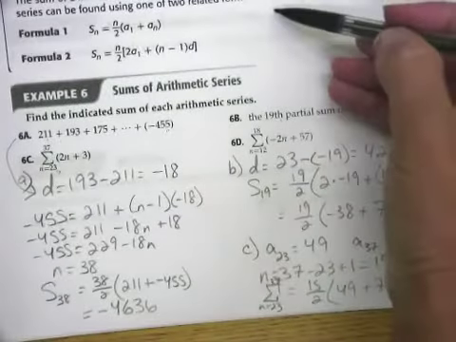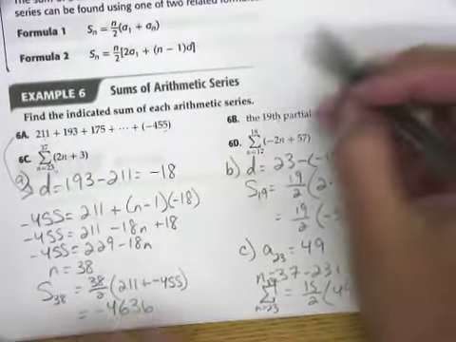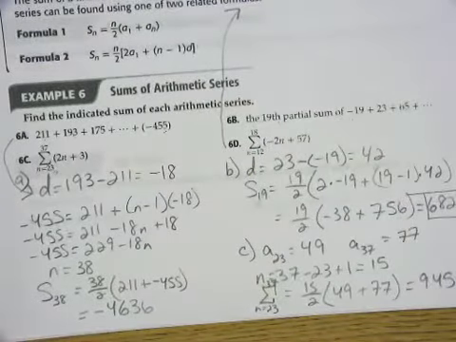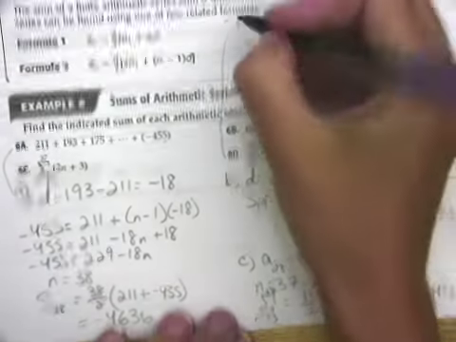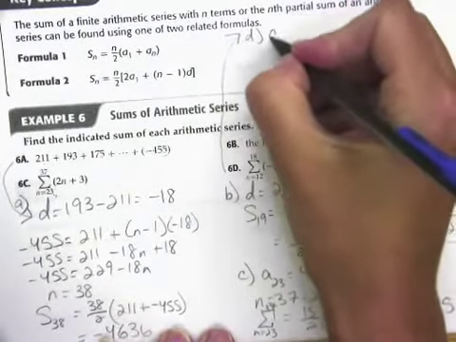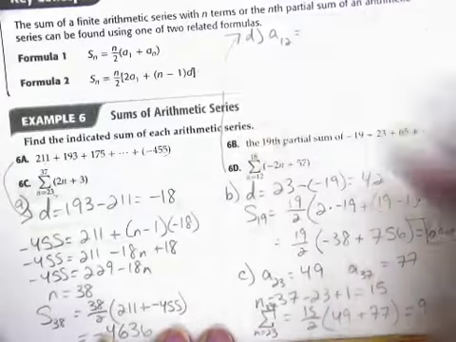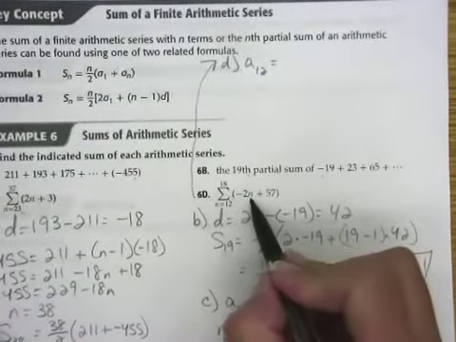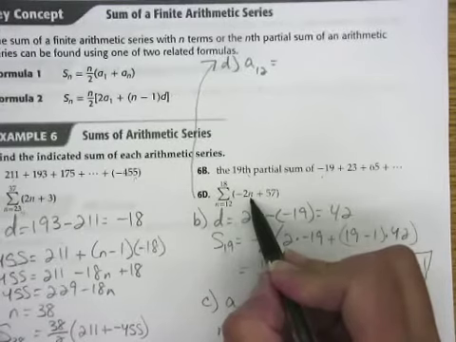And I need a little bit more space. Actually, I can do part B up here. Okay, same exact idea. I can figure out what a sub 12 is by taking 12 and plugging it into the explicit formula for the sequence.